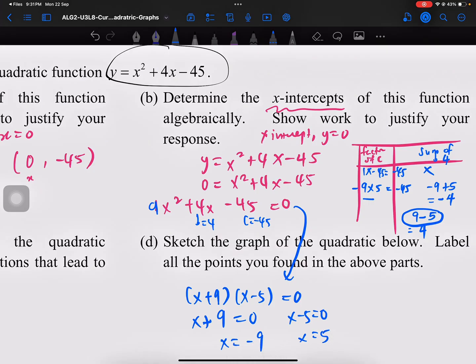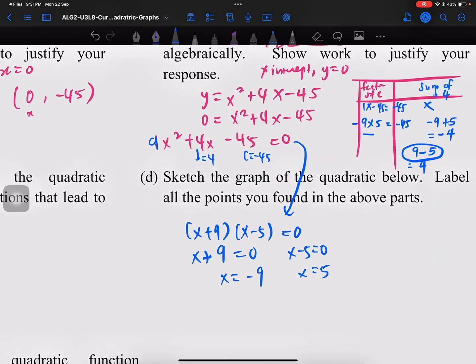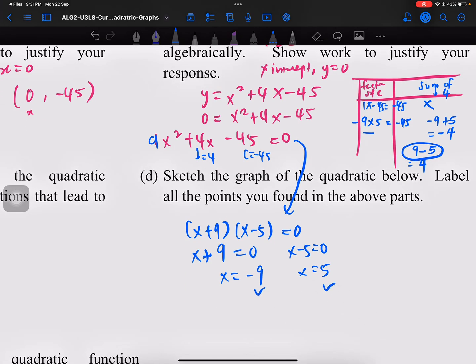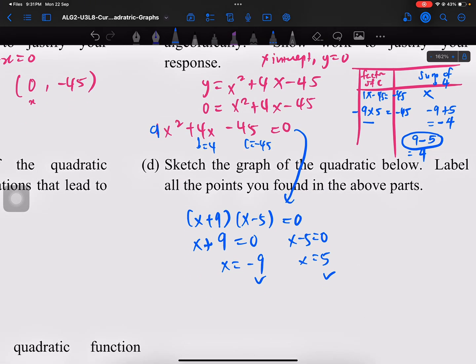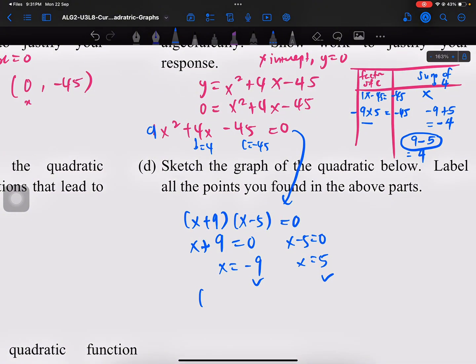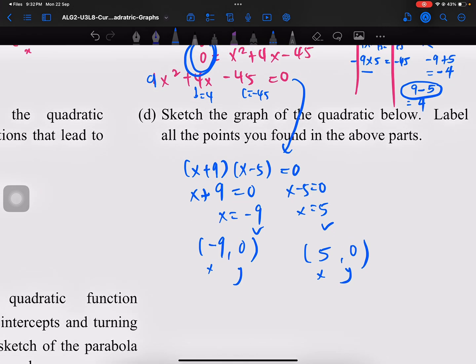Now I have 2 values of x, x equals negative 9 and x equals 5, when y is 0. So this is your x, this is your y, and this is your x-intercept. Remember that to find the x-intercept, always set y equals 0, factor, and solve each bracket.